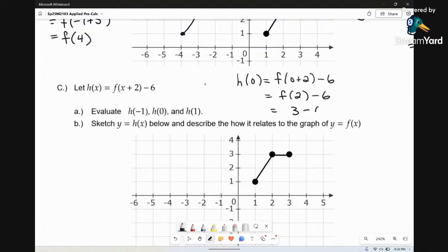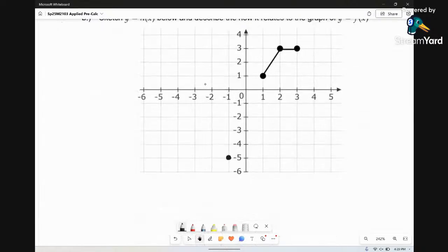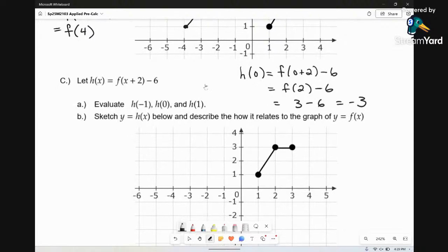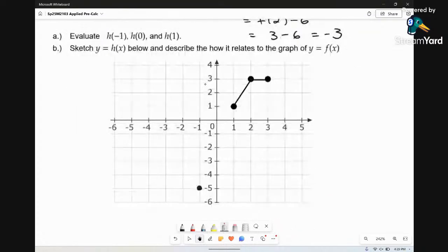So 3 minus 6 is -3. Input 0, just to remind you exactly what we're doing. If you got it, cool. I want everyone to get it. We're outputting -3. And this is a new function. It's a transformation. This is Harry. That's Frank. Now we have Harry. Harry's a transformation. Okay, so 0, -3.